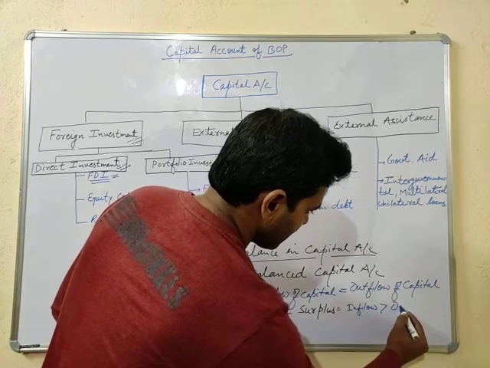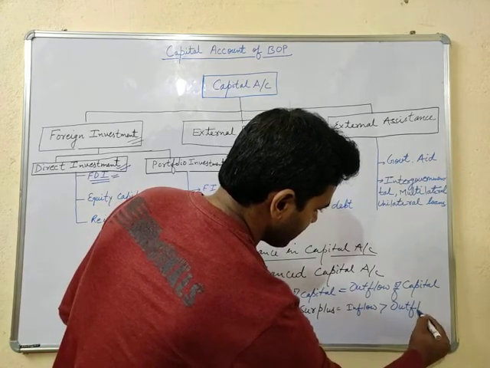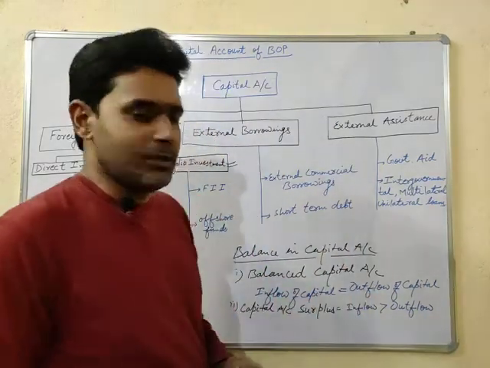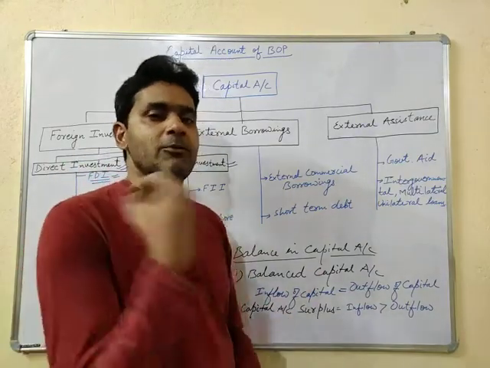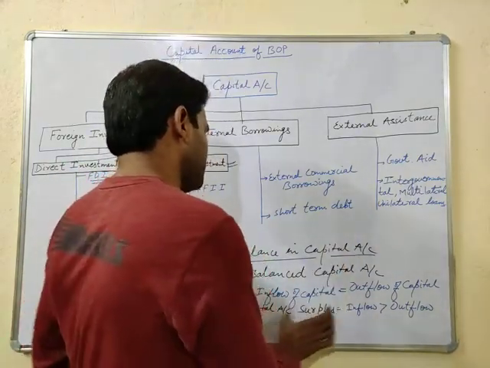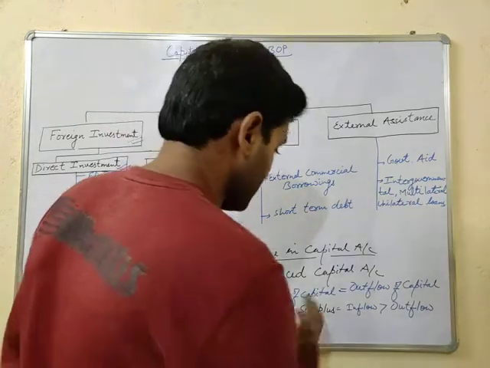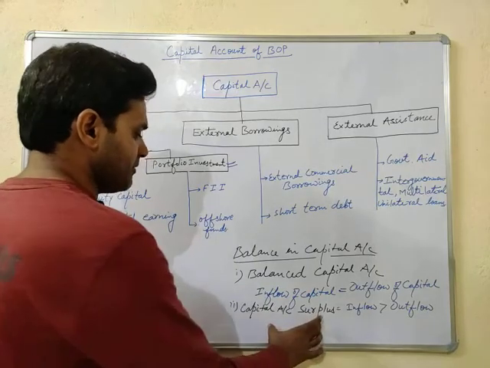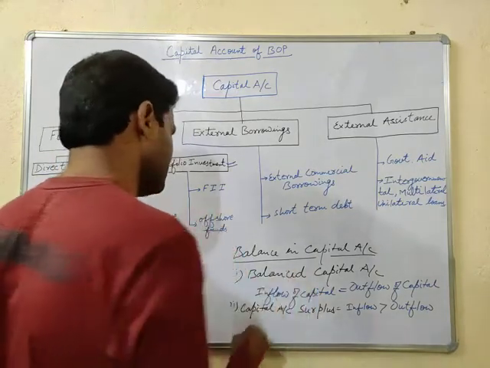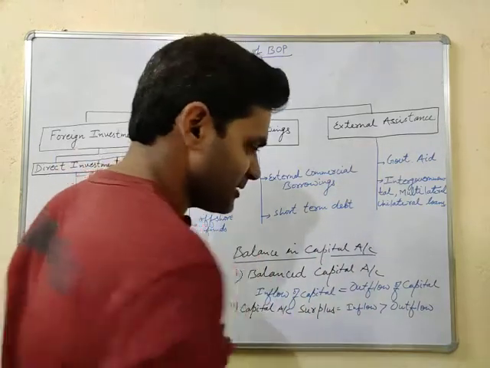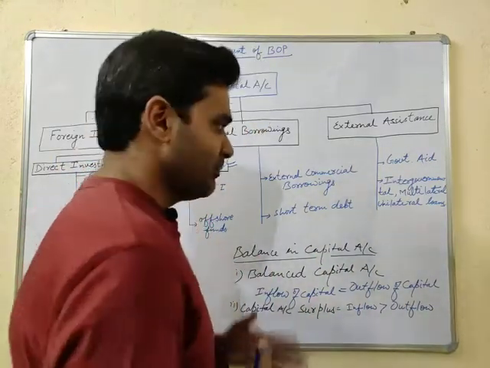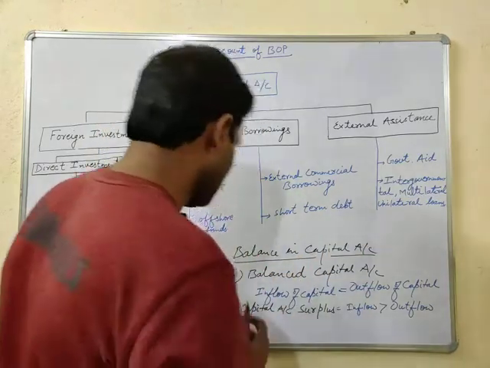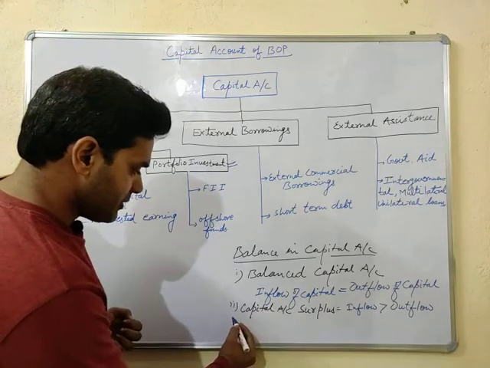When the capital which is coming inward to the country is greater than the capital which is going outward from the country, then the capital account is said to be in surplus, which is a good position for any country. But a condition applies. Borrowing will also strengthen the capital account's inward transactions, though borrowing will create pressure for its repayment in the future. So it will depend upon the situation.